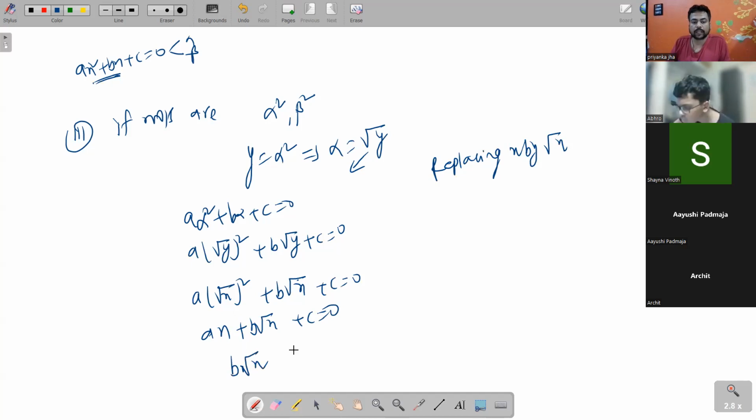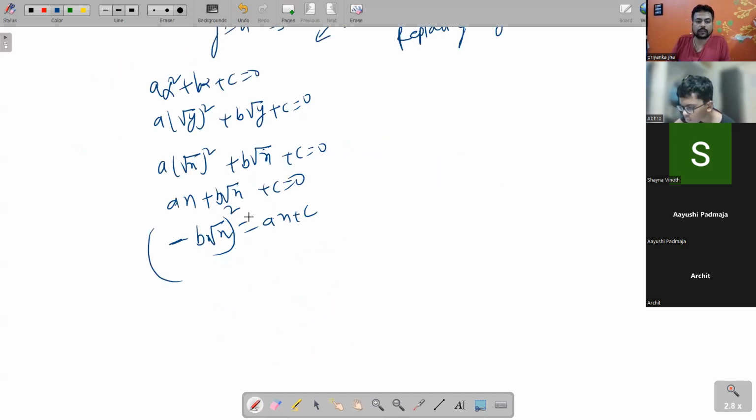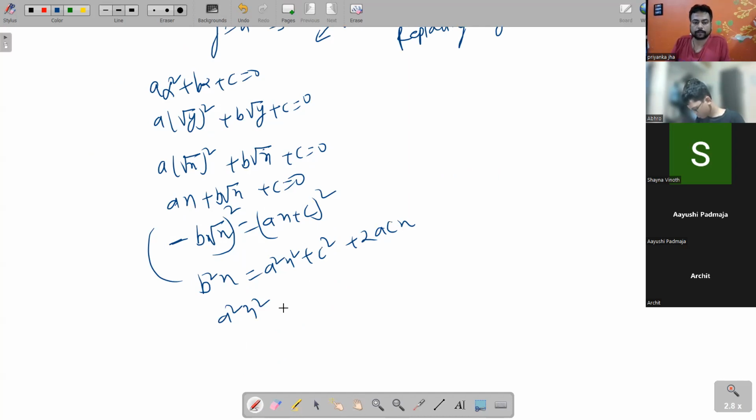So b root x with minus sign can be written as ax plus c. Now square both these sides. This is b square x equal to a square x square plus c square plus 2acx. This is your quadratic equation whose roots are alpha square and beta square.